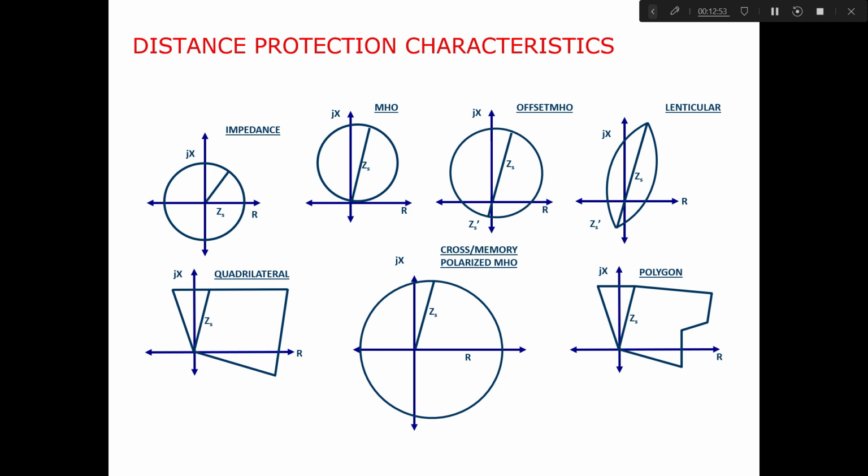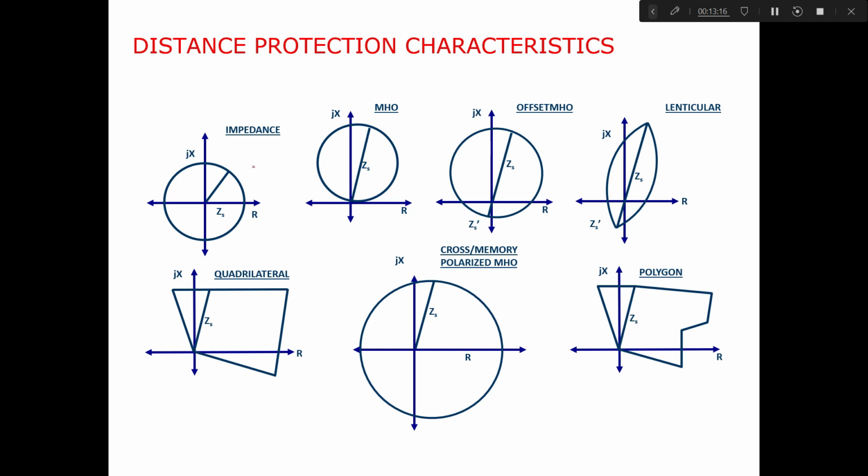In that case, the voltage available to the relay will not be very high, and the relay cannot detect a fault closer to this point, whether it is in the forward direction or in the reverse direction. So to include that, we use the offset mho characteristic that has some offset in the reverse direction, and this is only to take care of the close-in faults.